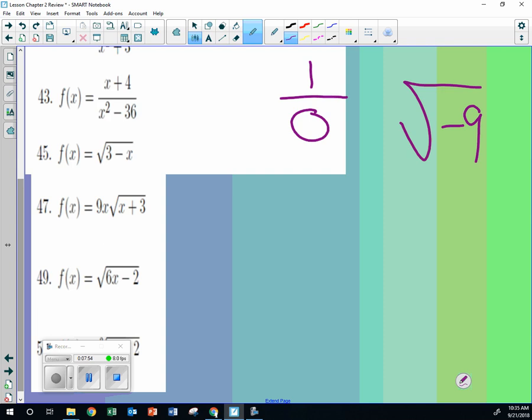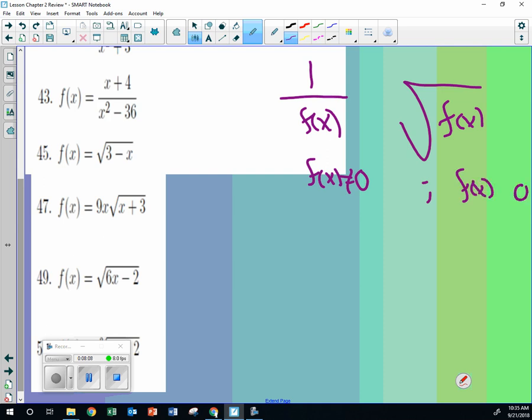So all you have to do is say, all right, if this is some function here, this function can't be equal to 0, and this one has to be greater than or equal to 0. Those are the two implicit considerations for domain that you can make. You can look at any function and make that decision. Can't divide by 0, can't take the square root of a negative number.